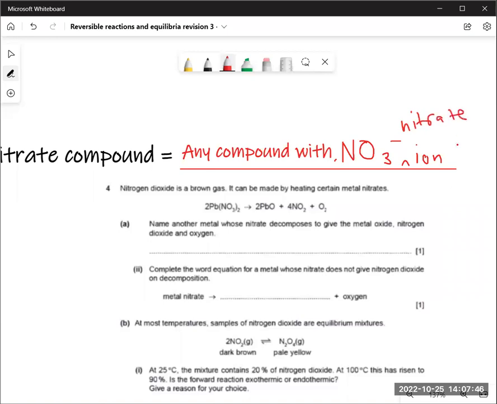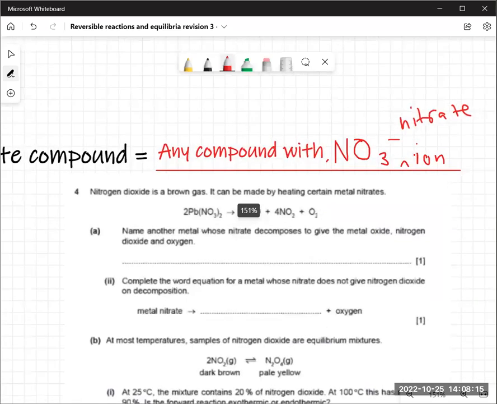Write this in your notebook and tell me when you're done. Done. Now that means any compound with the nitrate ion, right?